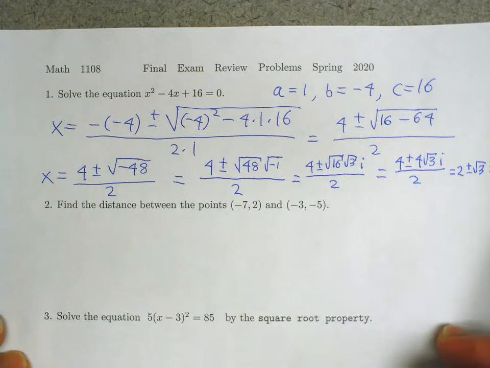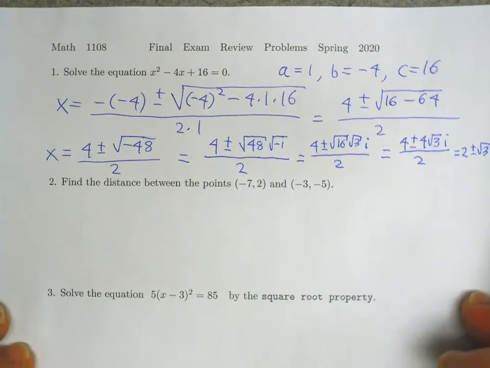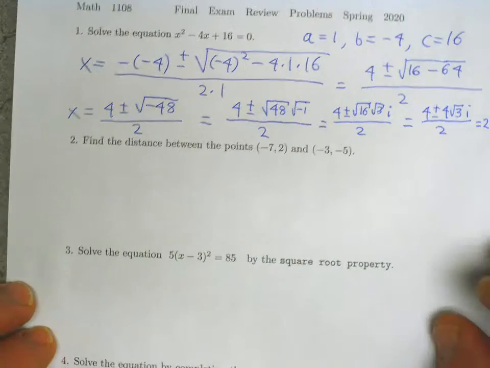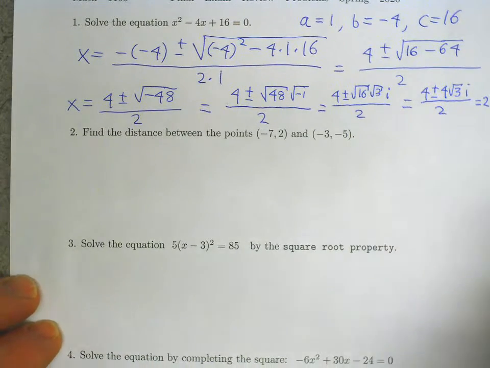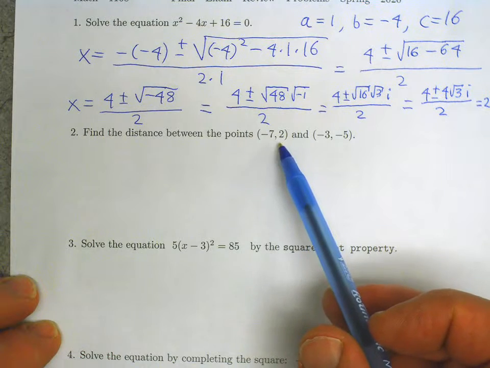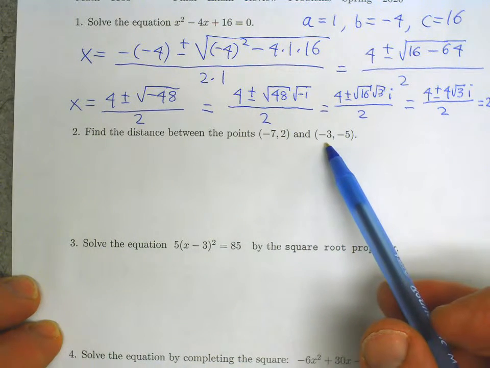Okay, the next one, number 2, find the distance between the points negative 7, 2, and negative 3, negative 5. So we'll pick negative 7 and 2 to be x2, y2, and the other point, x1, y1.